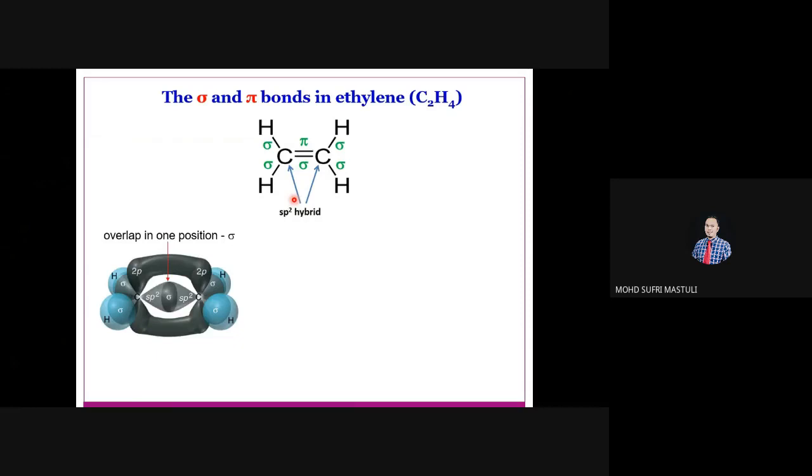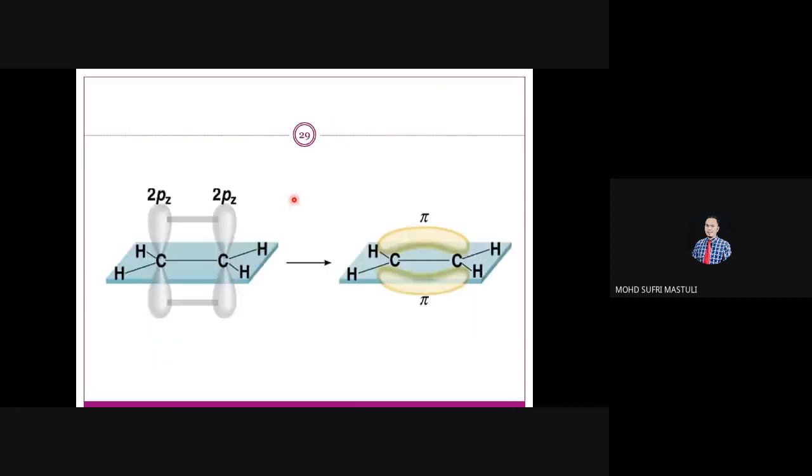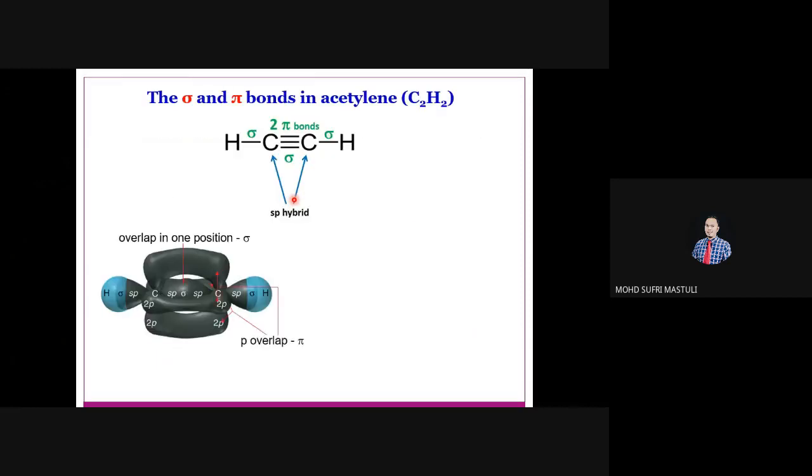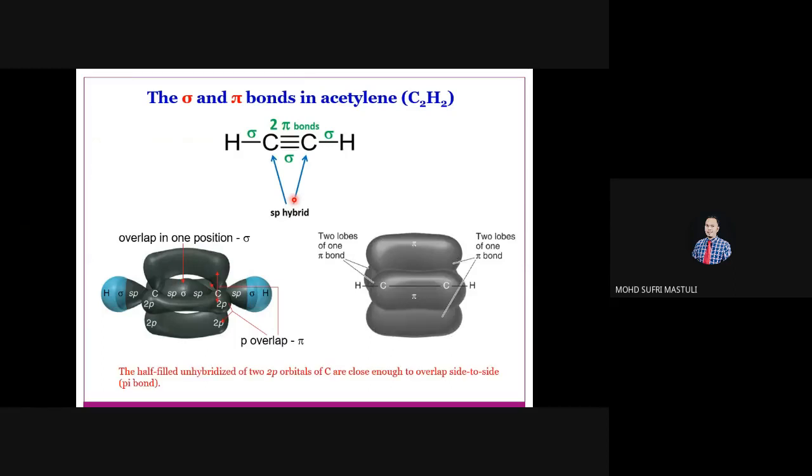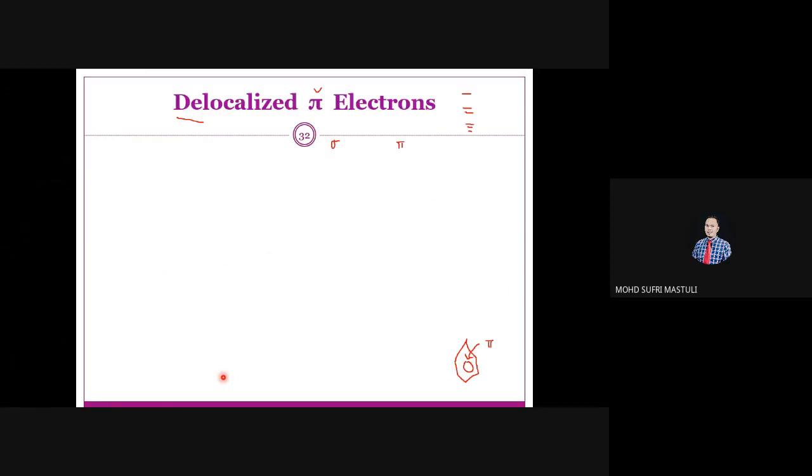This is a compound with double bonding. This one is a compound with triple bonding. And for the pi component, be careful: the half-filled unhybridized orbitals can form the pi component. So please refer again to the previous video where we discussed the formation of the pi bonding by using the unhybridized orbitals. All right.